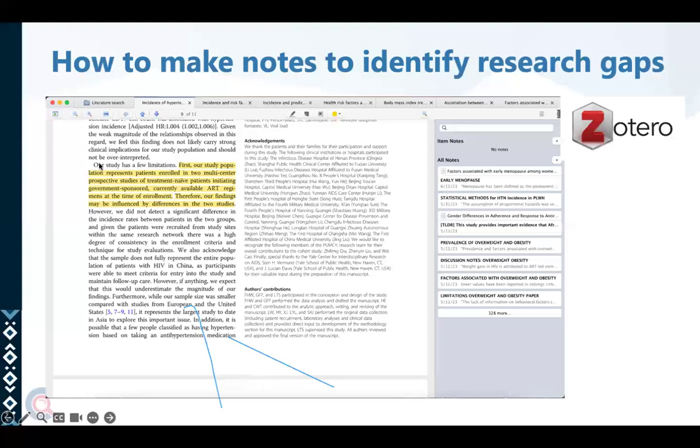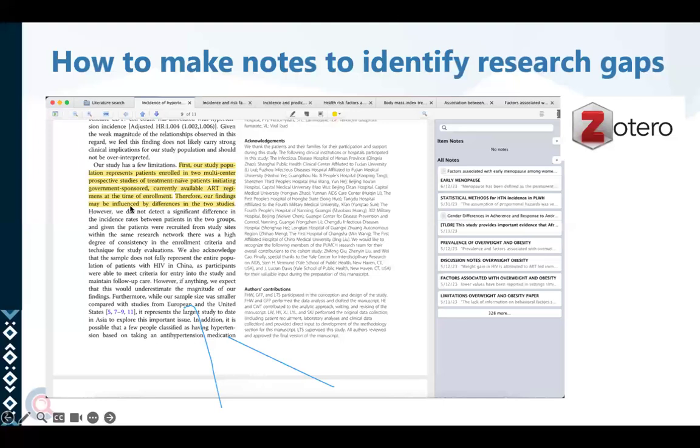You can see here, there's a limitation section, some gaps highlighted here, where in this paper, the authors say, first, our study population represents patients enrolled in two multi-center prospective studies of treatment-naive patients initiating government-sponsored currently available ART regimens at the time of enrollment.